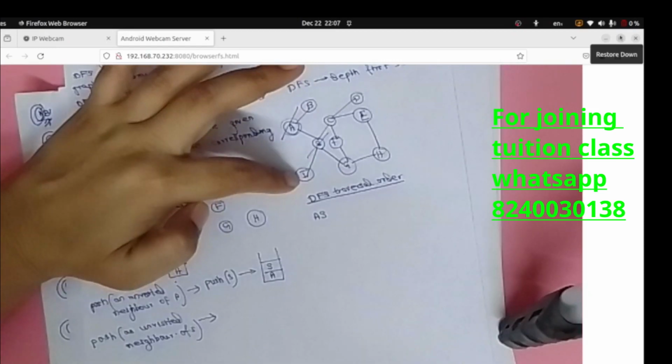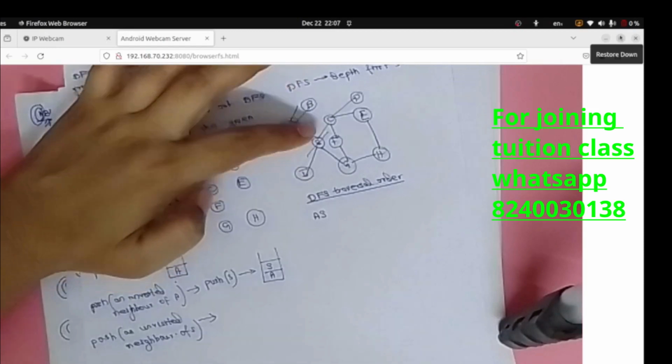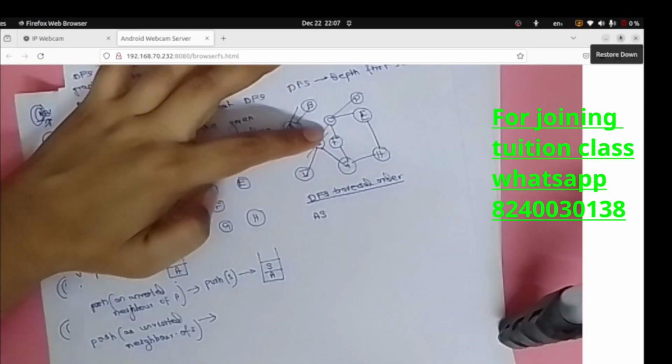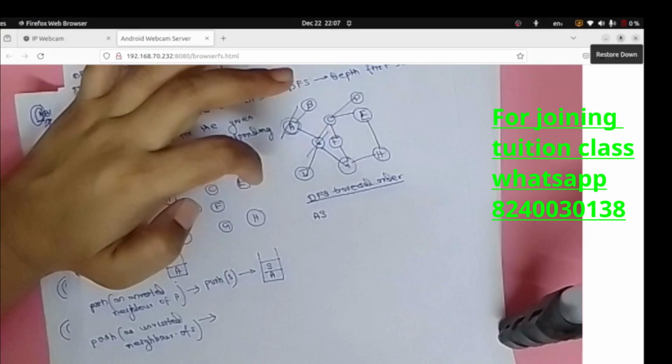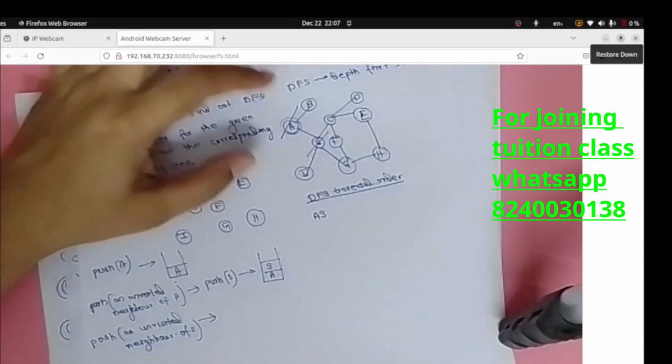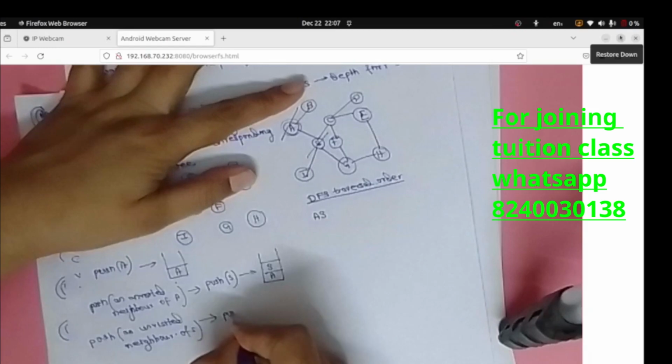So let us take any one of the unvisited neighbors of S, let it be C. So now C will be inserted into the stack as the topmost element. So the next operation will be push C.